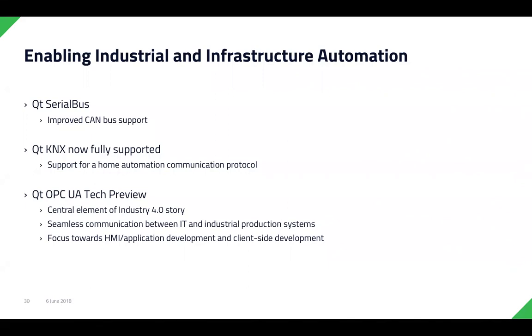And we've also added a technology preview for OPC UA, which is the central standard of the European Industry 4.0 story, which allows you to do seamless communication between your IT and industrial production systems. Our focus here has been on the client side. So you have client-side applications, and you do human-machine interfaces or application development and supporting that part of the story, because OPC UA is a very big standard.